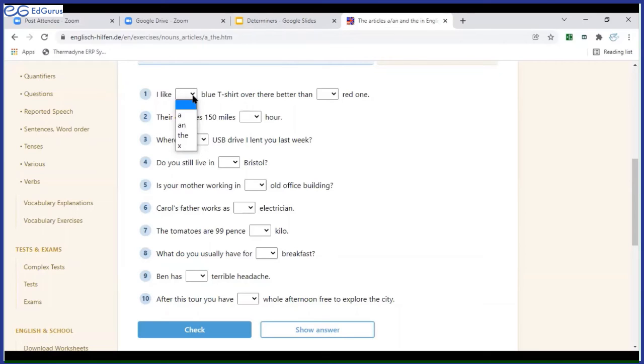Yes, I like blue t-shirt over there better than dash red one. I like the blue t-shirt better than the red one. Good. Okay. Their car does 150 miles dash R. An hour. Very common.